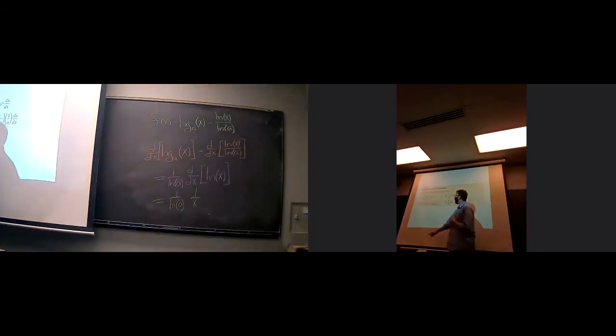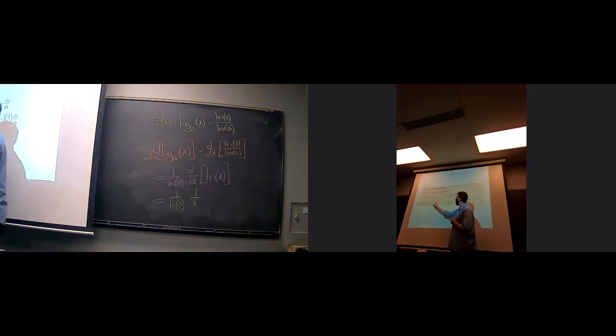So jumping now back to that spot on our notes, check it out. The derivative of log base a of x is 1 over the ln of a times 1 over x.